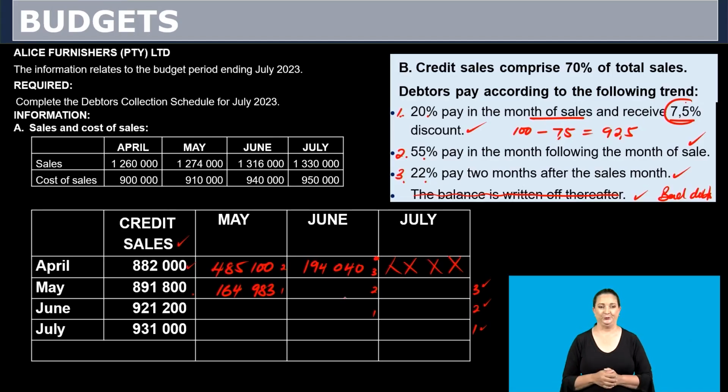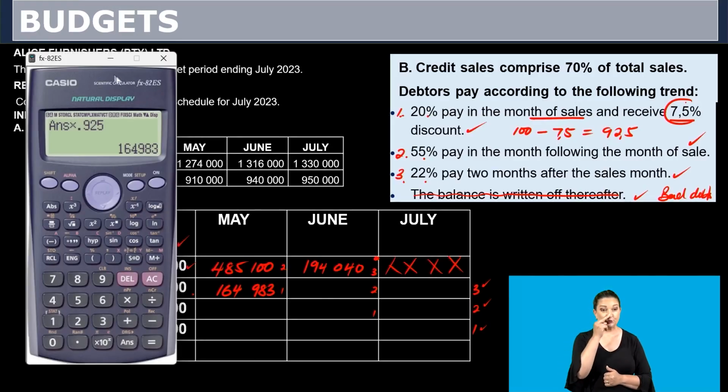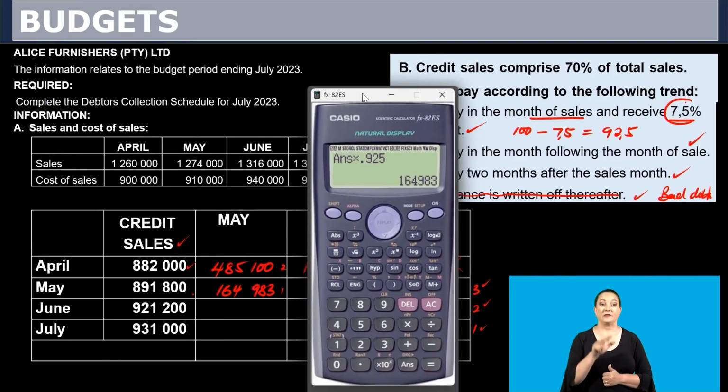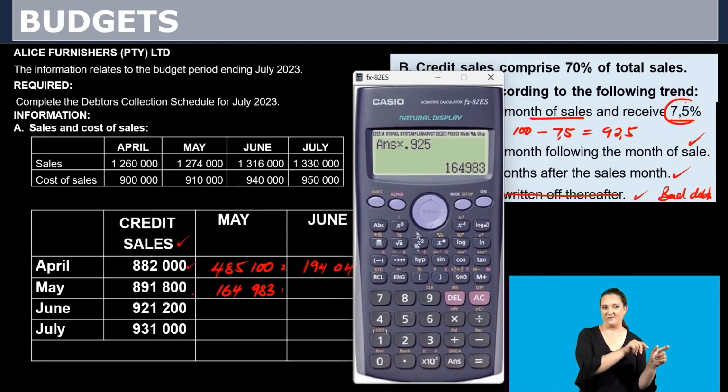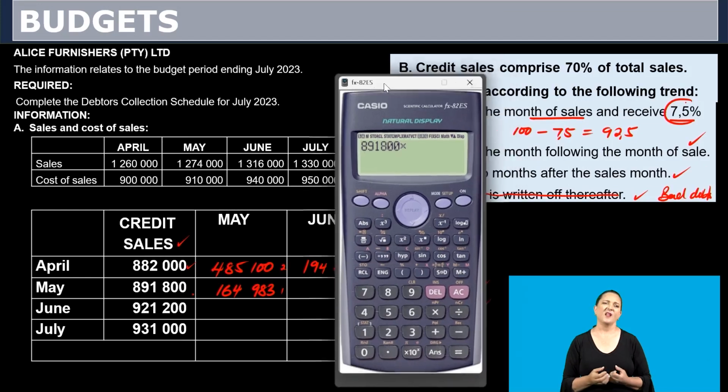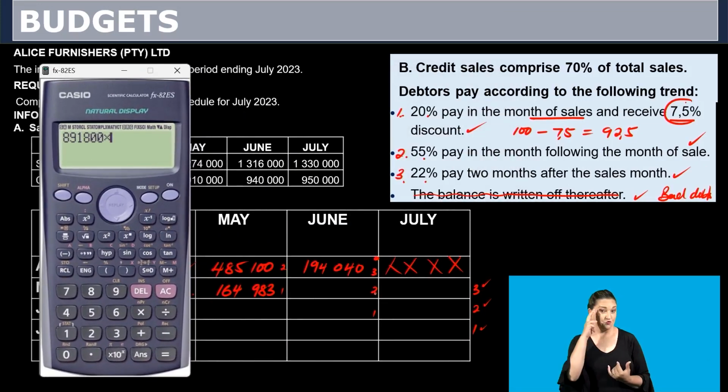And then I'll come to number 2 now. I'll come to June, and in June, remember, I'm dealing with the 891 still. So I'm going to say 891,800. And then how much am I going to get? Number 2 now. Number 2 is 55%, multiply by 55.